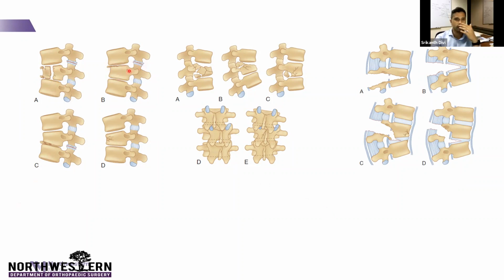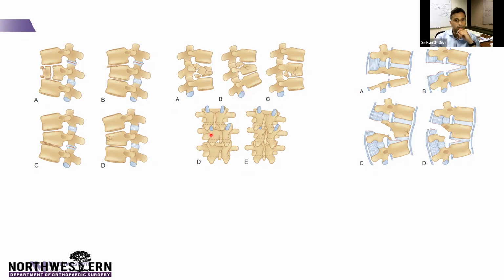That's where, when we talk about compression fractures, it comes from that Denis classification. So compression involves 1 or 2 end plates of the vertebral body. A burst fracture is where you have both end plates involved, or it goes to the posterior vertebral body wall, and you can have significant loss of height.